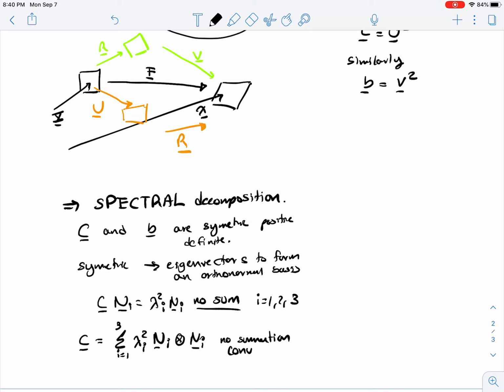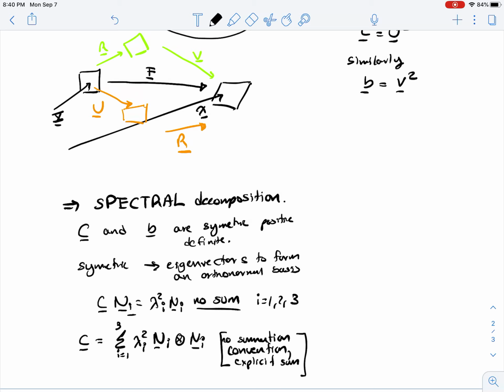Ni dyadic Ni. Again, no summation convention. There is a sum, so I write an explicit sum. The reason there's no summation convention here is because there are 3 i's, so I cannot assume that they are being added.